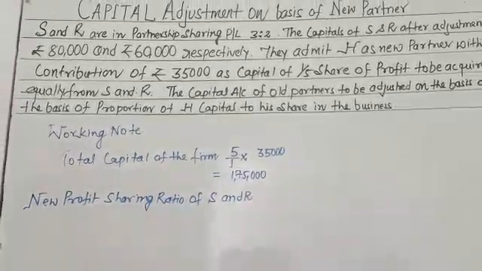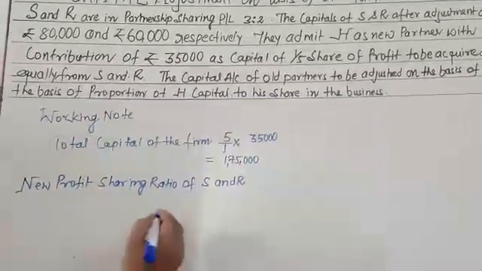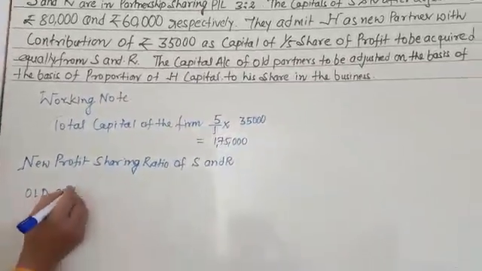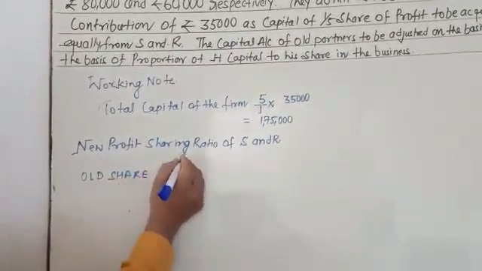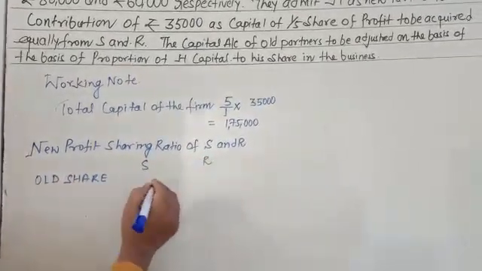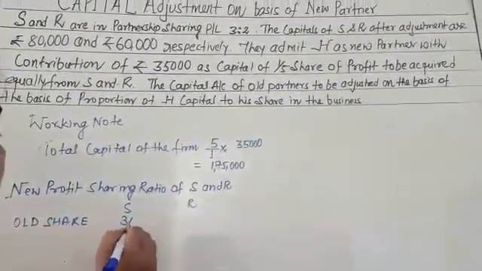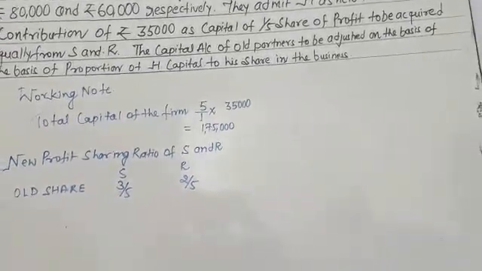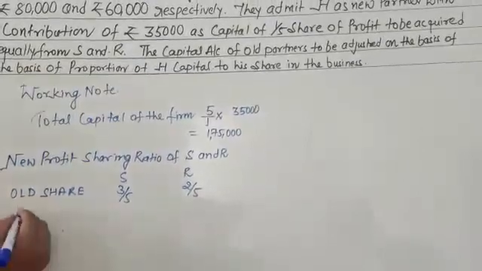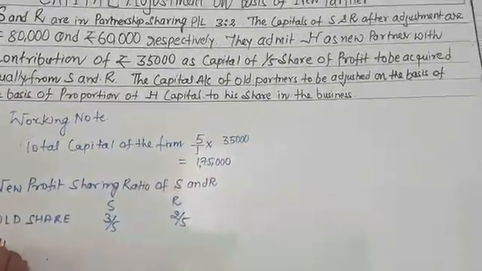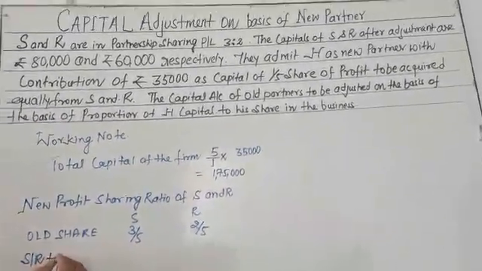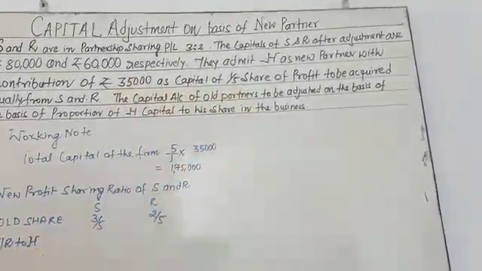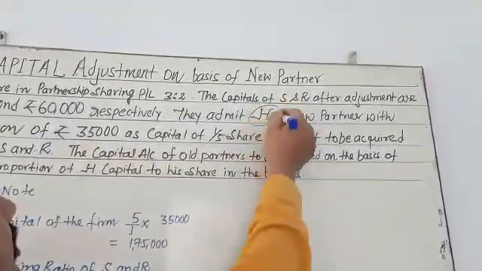So you have to calculate the old share of S and R. Old share of S is 3/5 and R's share is 2/5. So whatever they transfer, it means they sacrifice towards H. H is the new partner in this question.